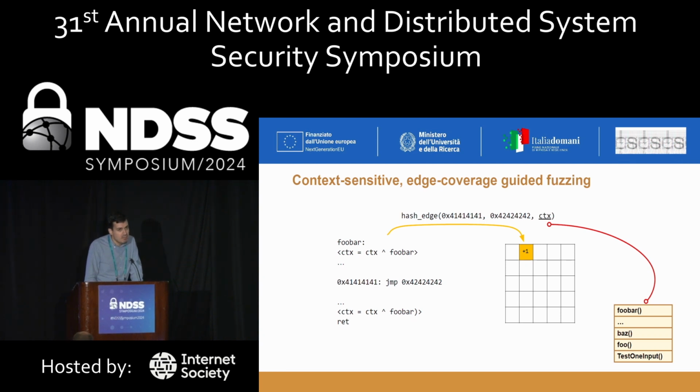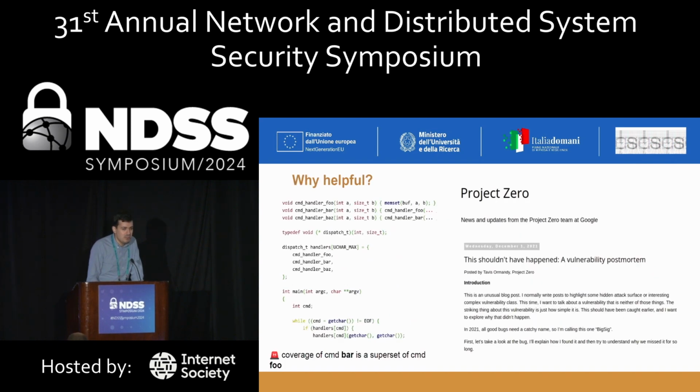And context can be represented, for example, as the calling context, so the sequence of function calls that brought you there. So you can turn edge coverage into a context-sensitive feedback by taking, for example, the hash of the call stack, and you combine it with the edge identifier, and you use that to update your coverage map.